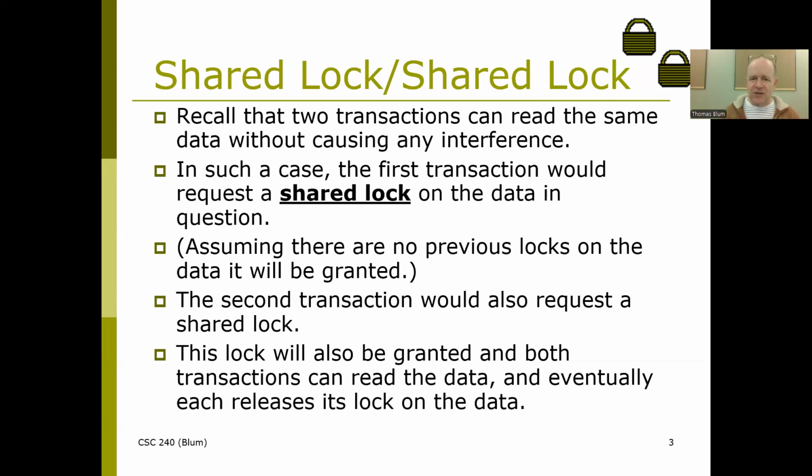Then the second transaction will come along, and if it also wants to just read the data, if it also wants a shared lock, then they can indeed share. So if both parties want to share, then we can share.